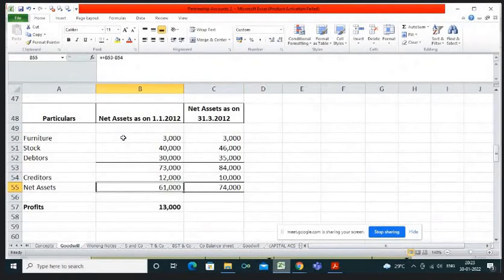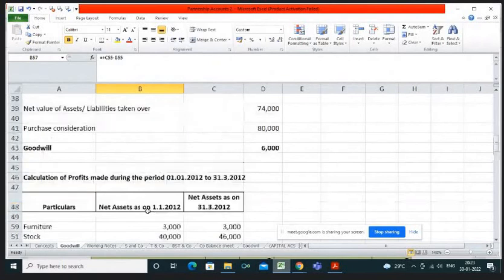It means that is the profit the firm has made during the period 1/1/2012 to 31/3/2012. We cannot do it in a direct method. We will have to do it in an indirect method by comparing the net assets. So we have found out that the profit is 13,000 in the first 3 months.